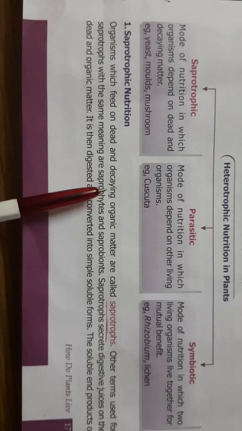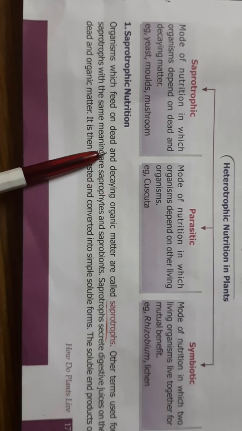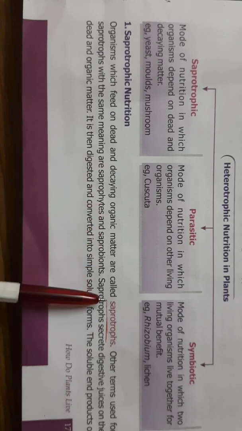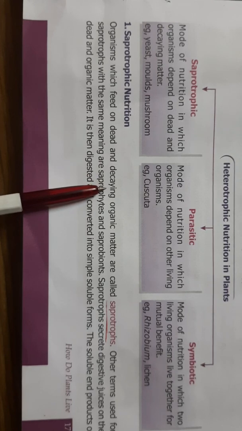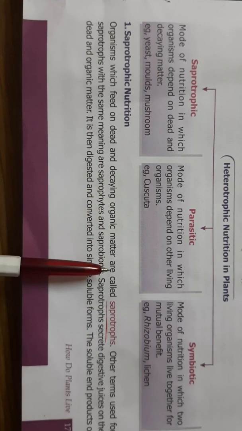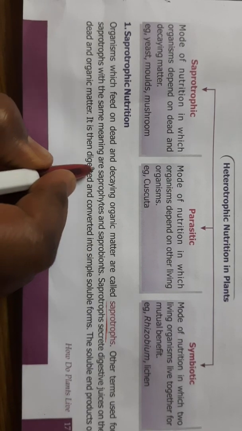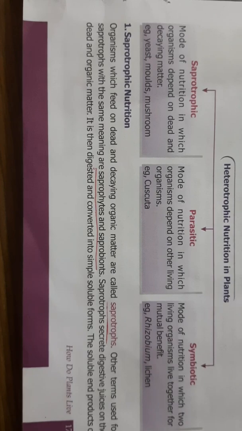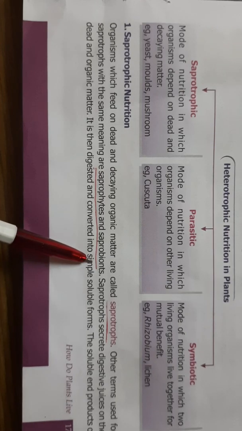Dead and decaying organic matter means the organisms which are dead, मर जाते हैं and उसके बाद क्या होता है, वो सड़ने लगते हैं. So saprotrophs eat the dead and decaying organisms. Another term used for saprotrophs is saprophytes or saprobionts. Clear, children? Saprotrophs are also called saprophytes or saprobionts.